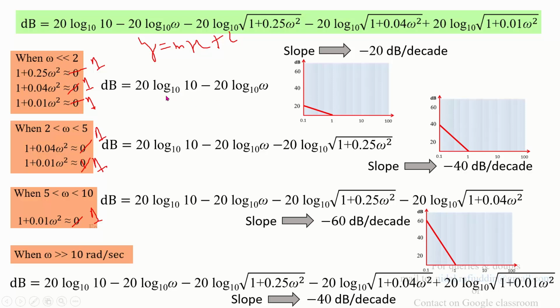So if you look into this expression, if I substitute omega as 10 here, this becomes 20 log to the base 10 of 10 minus 20 log to the base 10 of 10, which makes it 0 dB, which means that this particular line will pass through 0 dB when omega is 10.